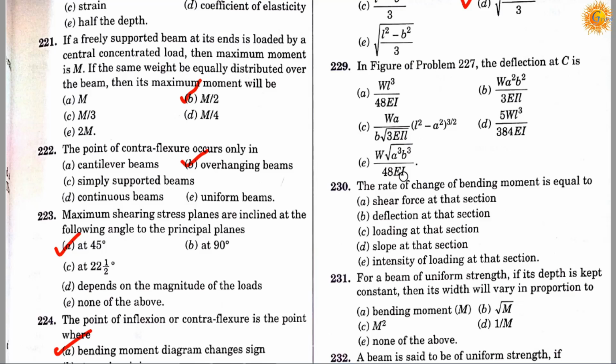Correct answer is B. In problem 227, deflection at C will be WA square B square divided by 3 EIL.